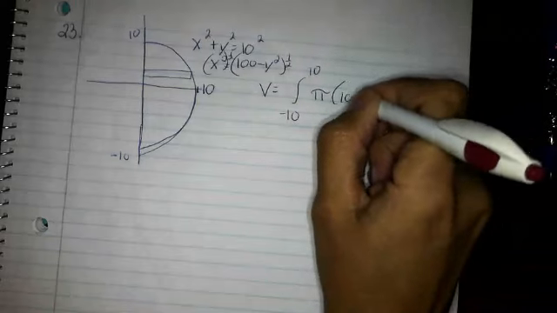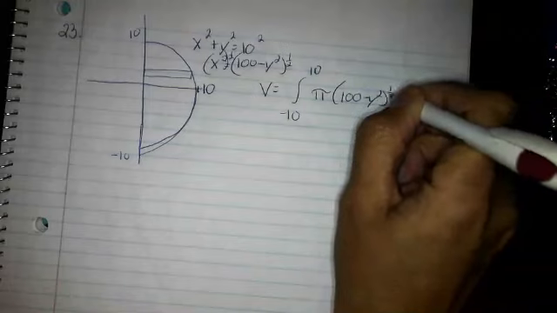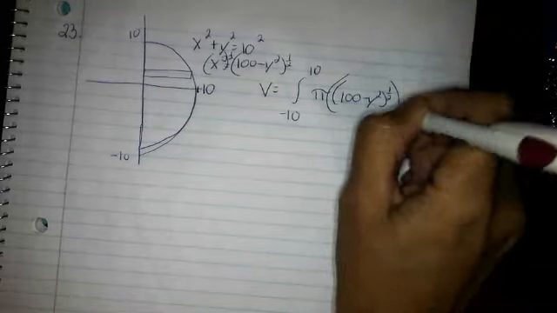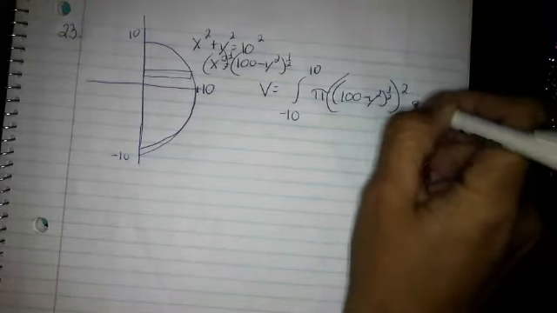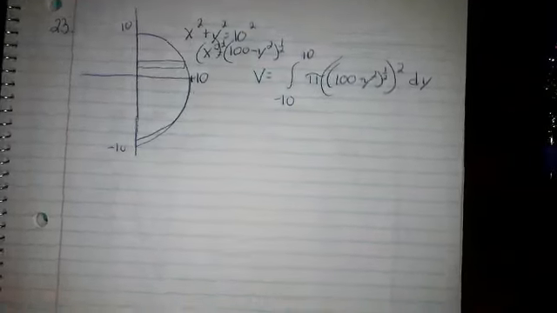So we've got 100 minus y squared to the 1/2 power. But then all of that has to get squared. And I'll let you finish that up. And then the last one is 24. And here it wants us to, I believe, develop the formula for the volume of a sphere.